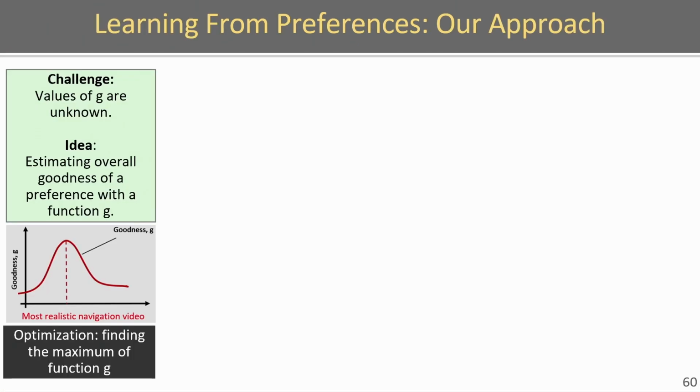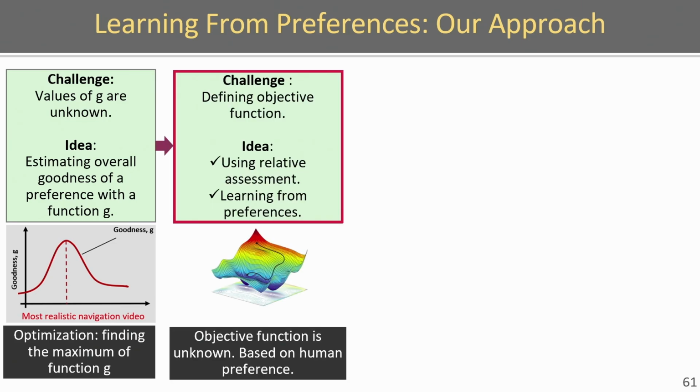So the idea here is to maximize the goodness function, and the goodness function here is to find the most realistic navigation video. But for problems related to perceptual judgment, such as crowd navigation, we cannot define the objective function directly, because we cannot define how good a navigation behavior is by a numerical value.